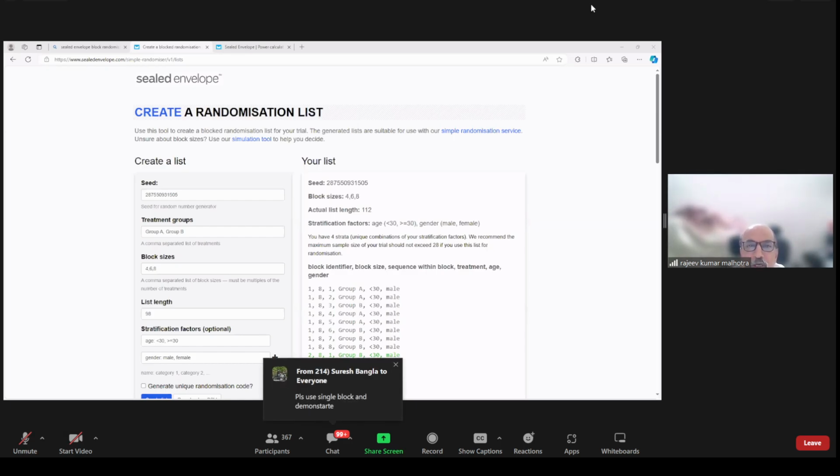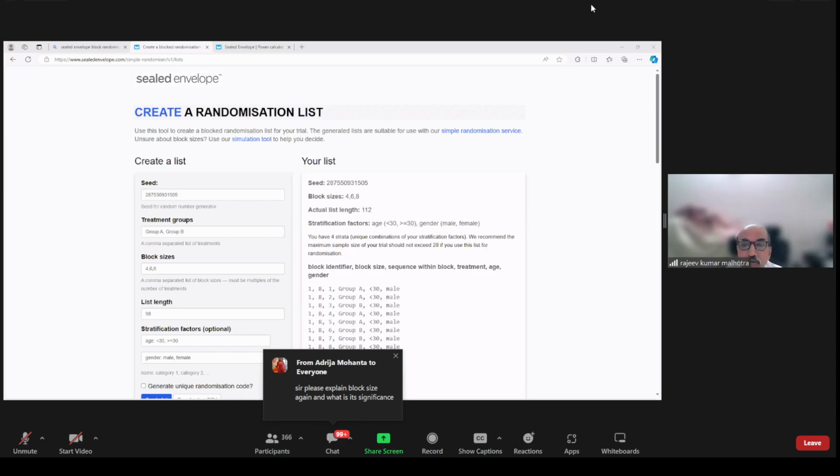In sample size, what is important? First, we will discuss the importance of the sample size. Why do we calculate the sample size? Is there a need for it? First is the ethical issue. Whenever you write a protocol or project, after the scientific committee it will go to the ethical committee, which checks whether a scientific sample size calculation is there or not.